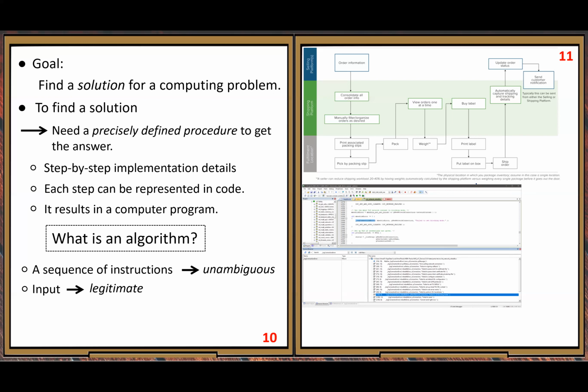Input data should be valid. Valid means following the business requirements. So there is a step, usually checking the validity of the input. We validate the data. Validation step.